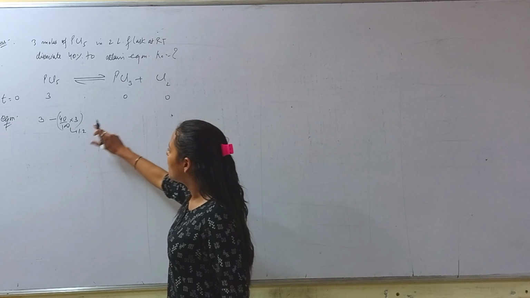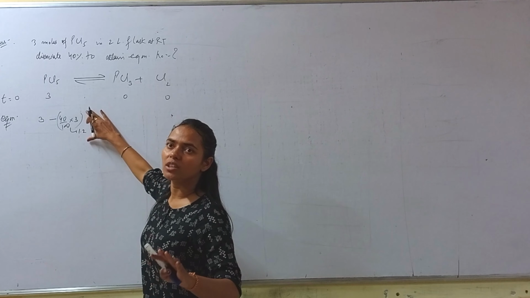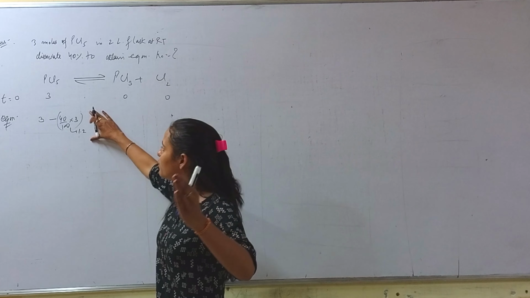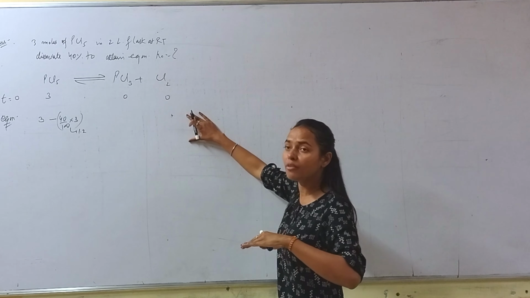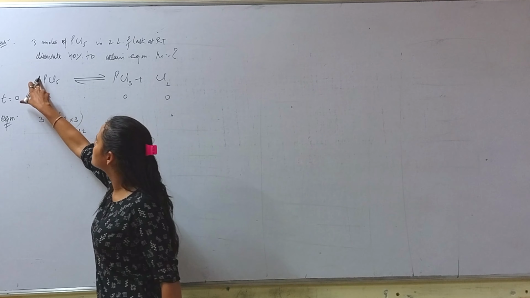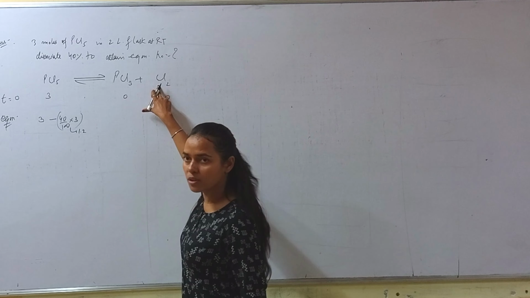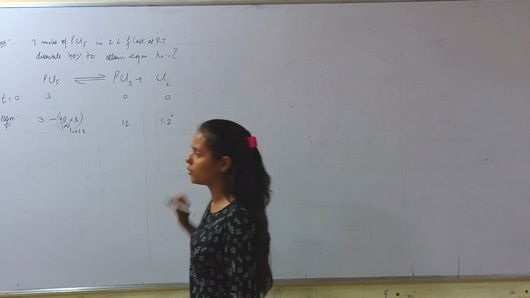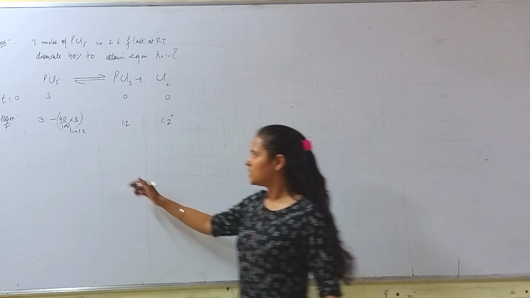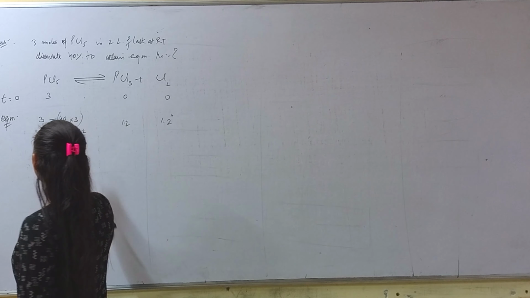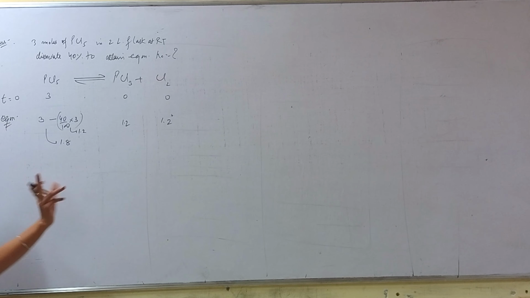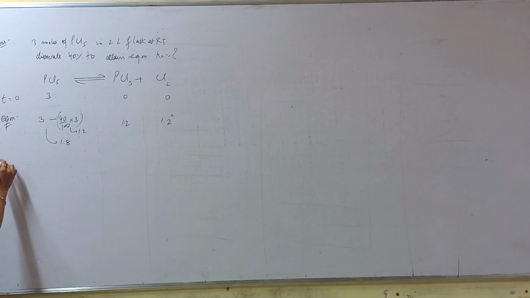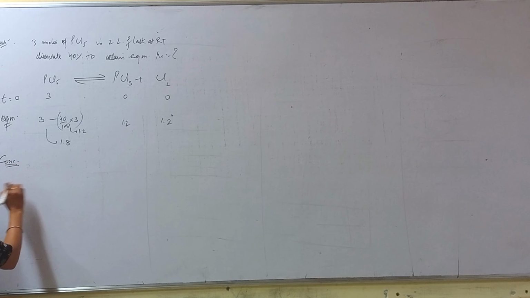Right? And the number of moles which dissociate will be equal to the number of moles that will be formed, because 1 mole of it dissociates to form 1 mole of this and 1 mole of this. So 1.2 moles will form 1.2 moles of this and 1.2 moles of this. The remaining will come out to be 1.8. Now these are numbers of moles, not the concentration. For concentration, we have to divide by volume.